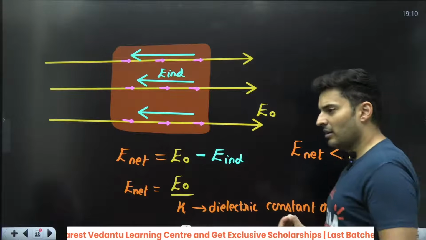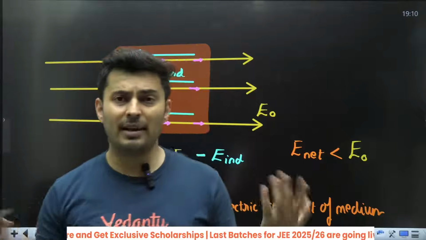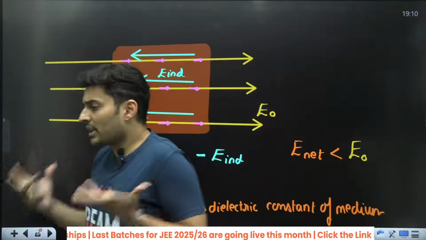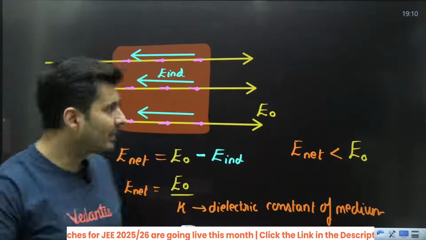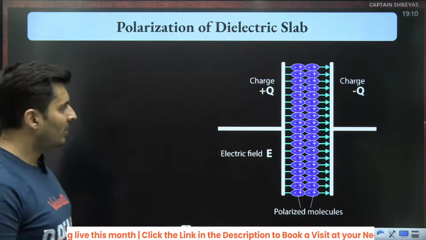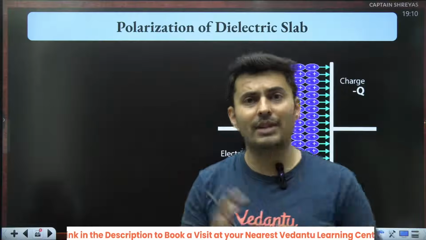For air, it is 1. For wood, paper, etc., it might be 10, 20, 100. For ceramics, it might go up to 300 or 400. So more dielectric strength means lesser electric field will be present inside. Now, this is the whole concept of the medium which is present between the plates of a capacitor.